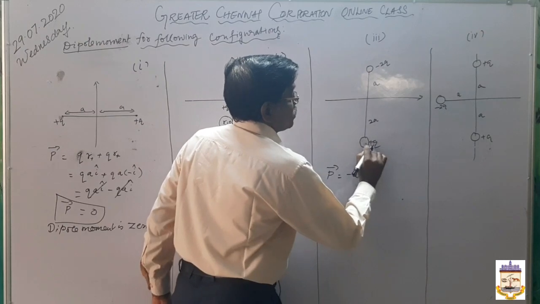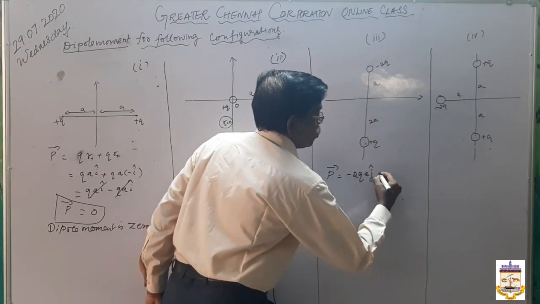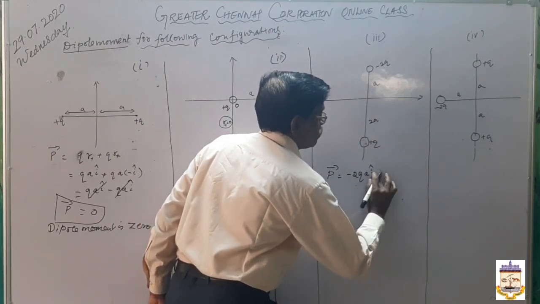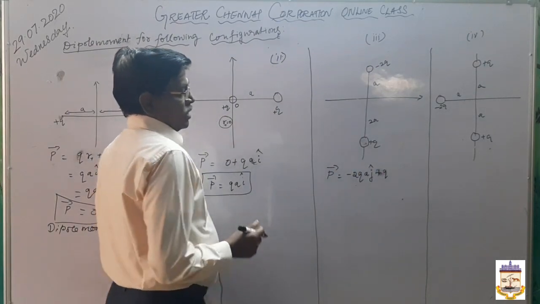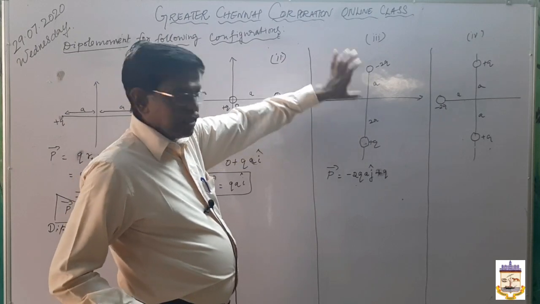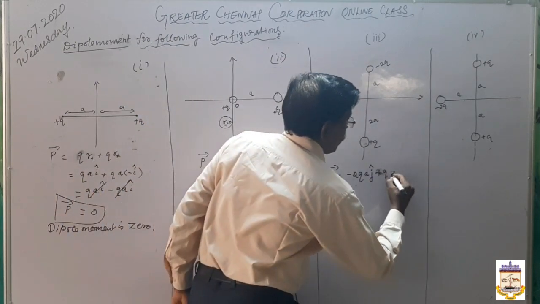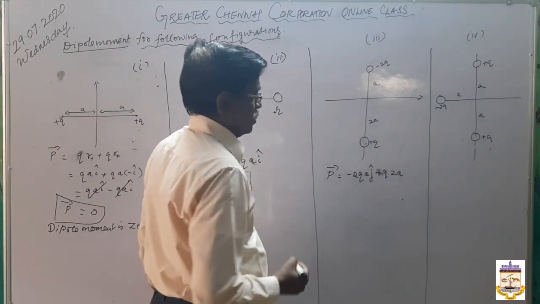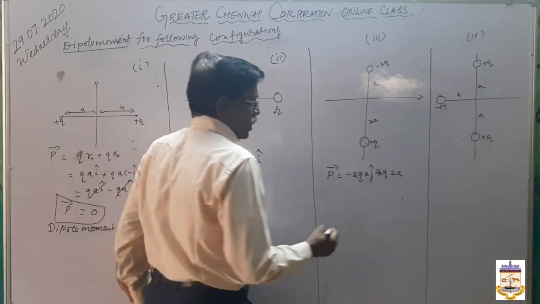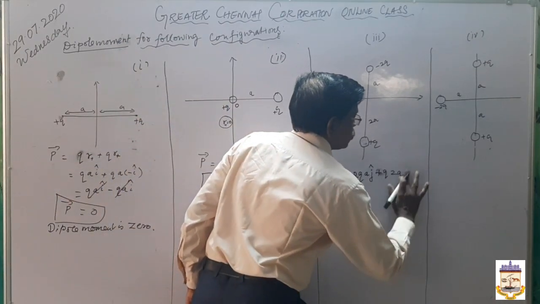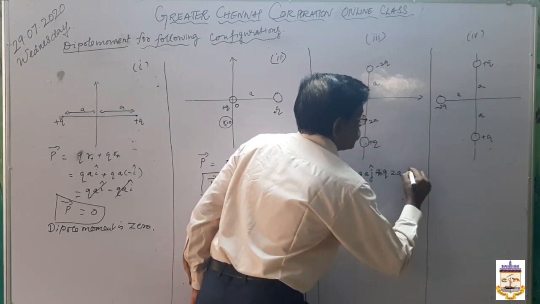Then this charge is positive. So, plus q into the distance. Distance is 2a. What is the direction? It is in the negative y direction, so minus j cap.